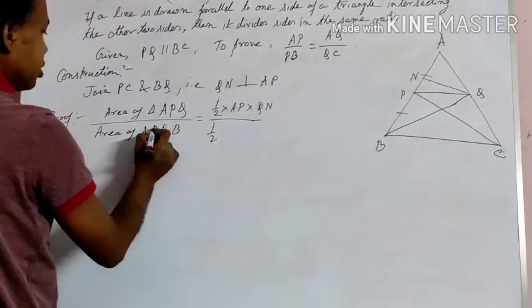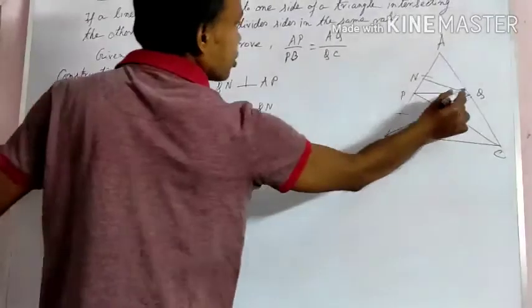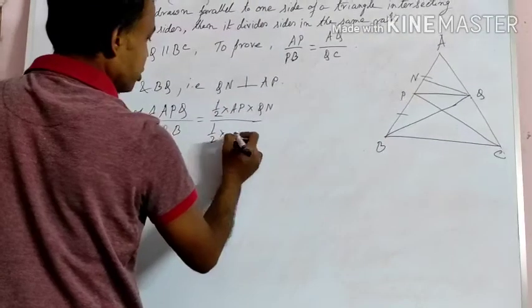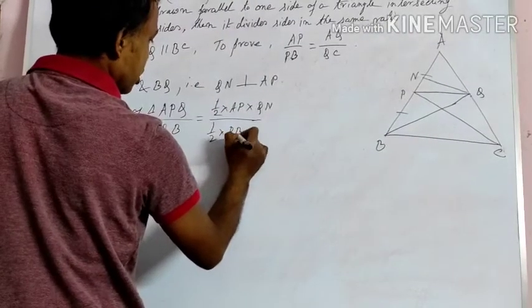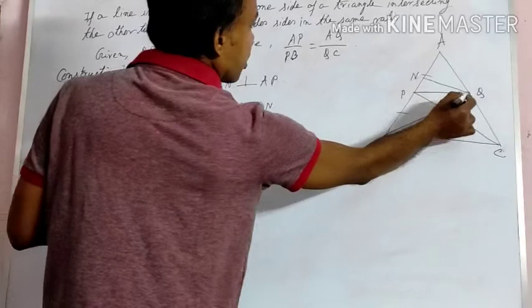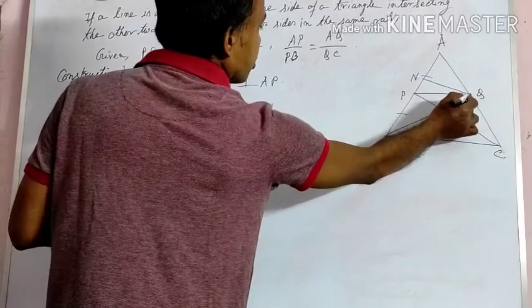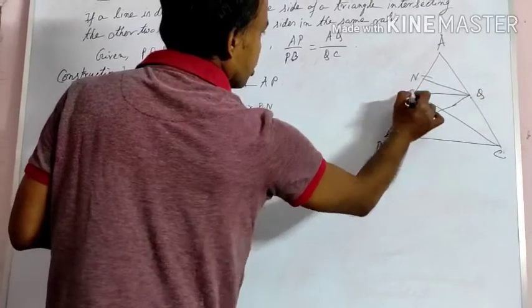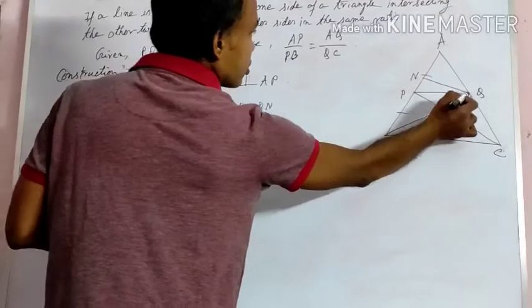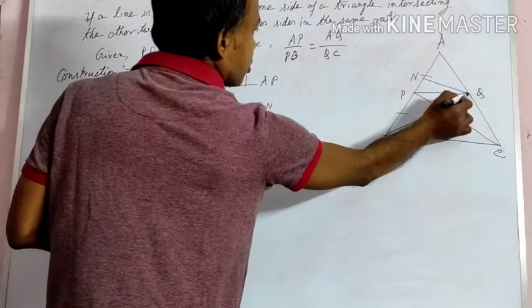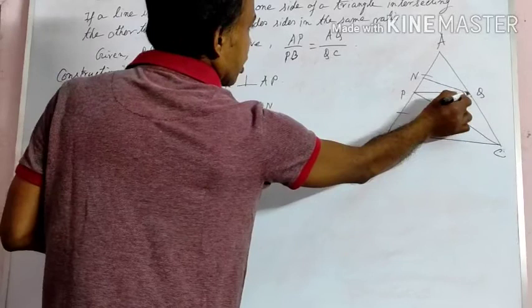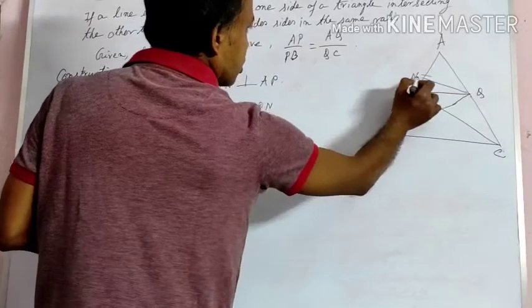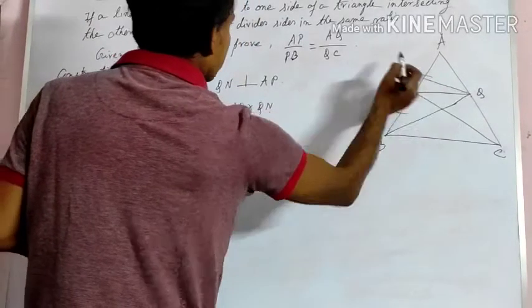Similarly, area of triangle PQB is equal to half base PB into height, the perpendicular distance from the vertex. Here in PQB, if PQ is the base, then Q is the vertex, so NQ will be your height.